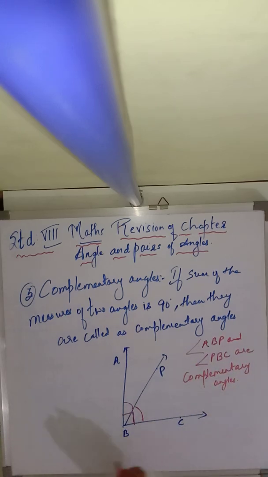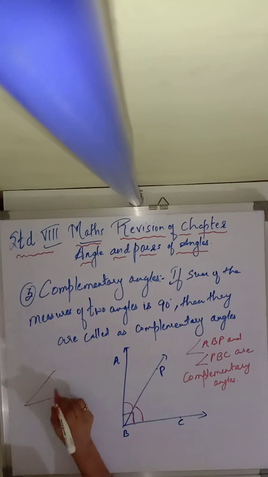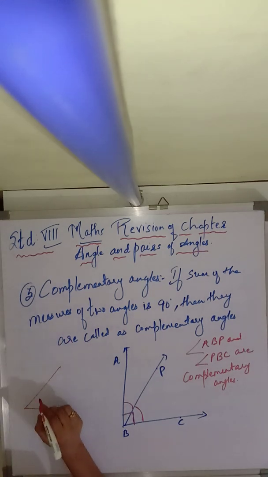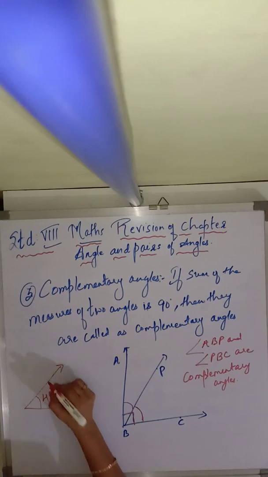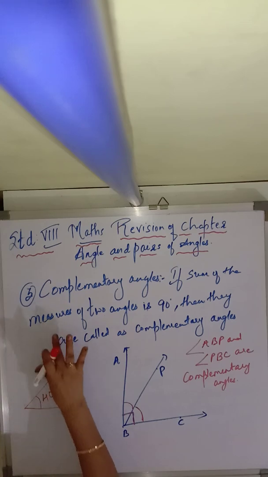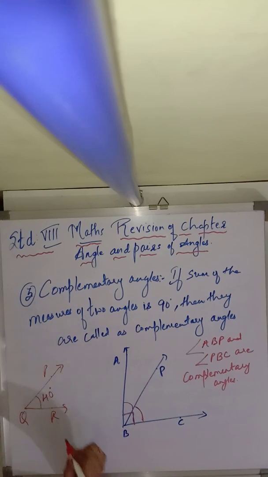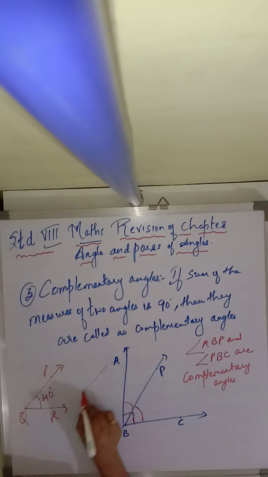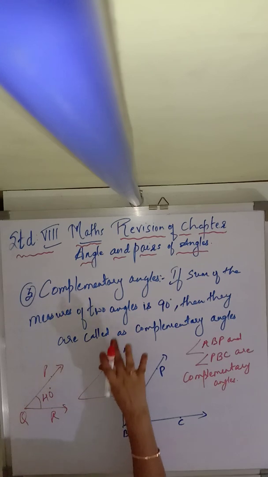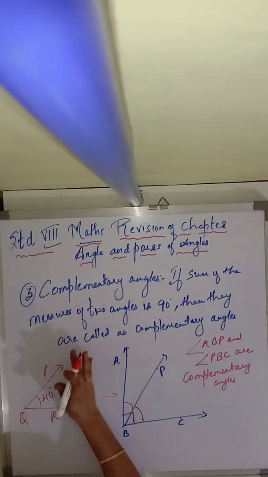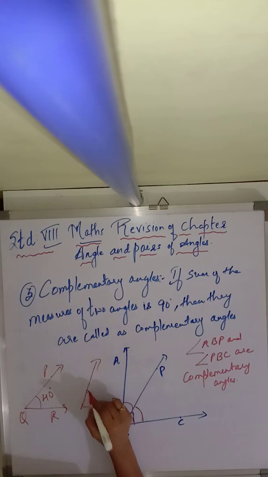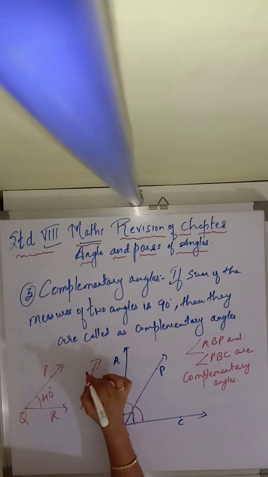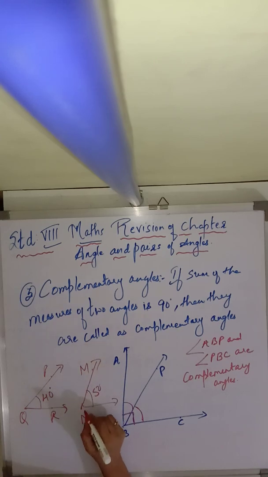Now see children, complementary angles we can even draw separately. For example, if I draw one angle, say this is 40 degrees, angle PQR. And one more angle I am drawing over here, this is 50 degrees, and I am naming it MNO.